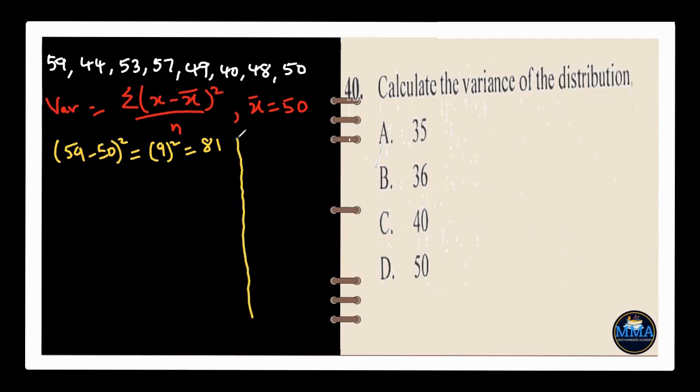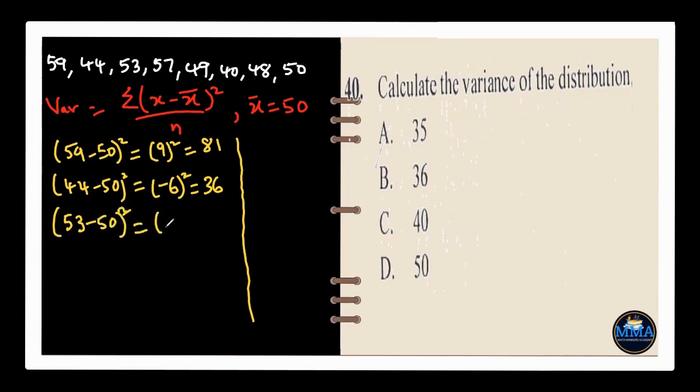The next bracket is going to give us 44 minus 50 all squared. That will give us minus 6 squared. We have 36. Next, we are going to have 53 minus 50 all squared. That is going to give us 3 squared. We have 9.